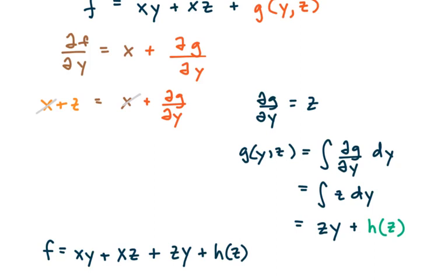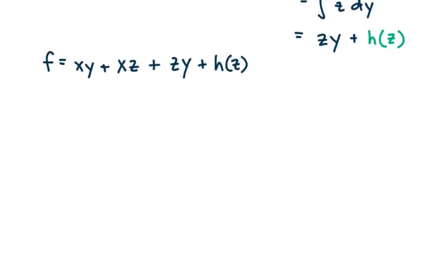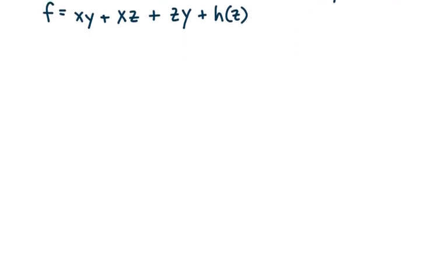So now I've worked through this. I integrated with respect to x. I took a partial with respect to y. I integrated with respect to y. What do you think we need to do next? Now we're going to take this and differentiate with respect to z. So we can deal with z, and then we'll have one more integrating with respect to z step. So I'm going to take this guy right here that we're dealing with. I'm going to take the partial with respect to z.